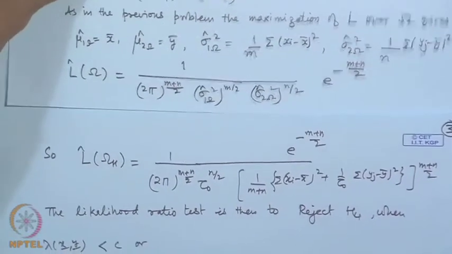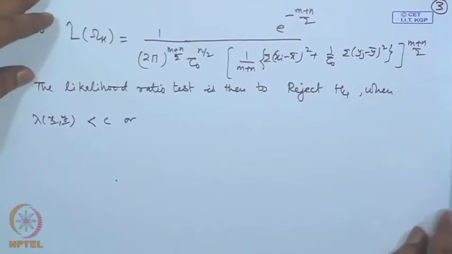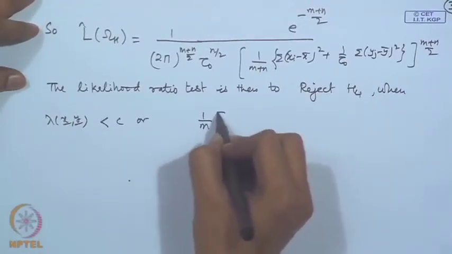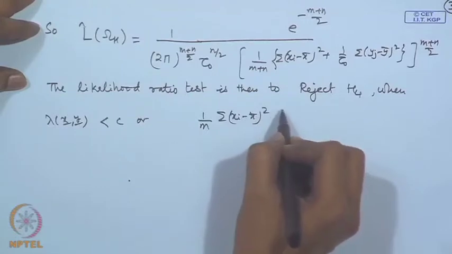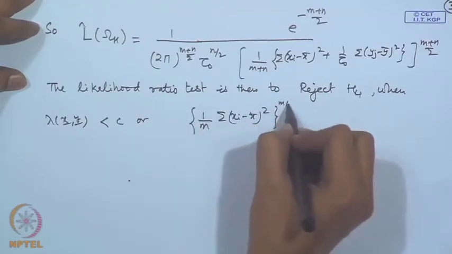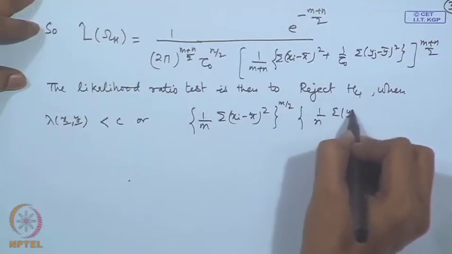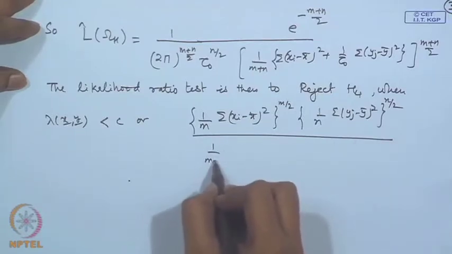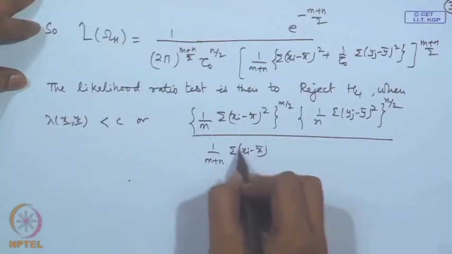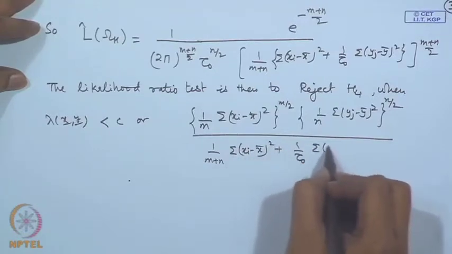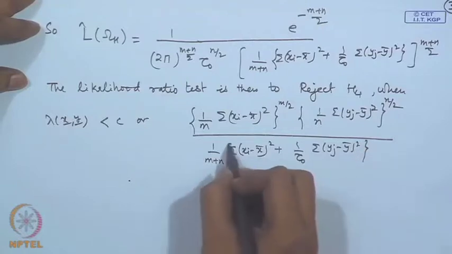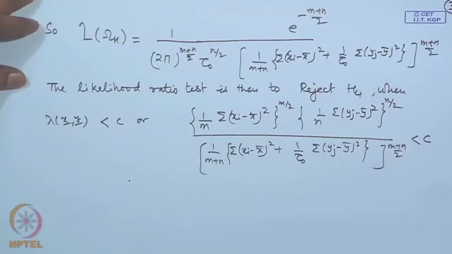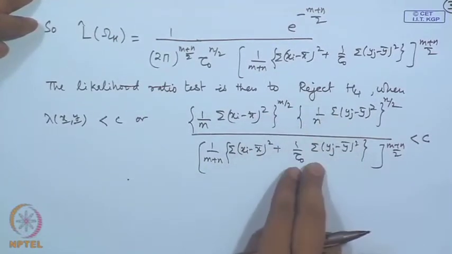So, that gives me sigma (1 by m sigma x_i minus x bar whole square) to the power m by 2, (1 by n sigma y_j minus y bar whole square) to the power n by 2, divided by (1 by m plus n) (sigma x_i minus x bar square plus 1 by tau naught sigma y_j minus y bar square) to the power m plus n by 2, less than c.